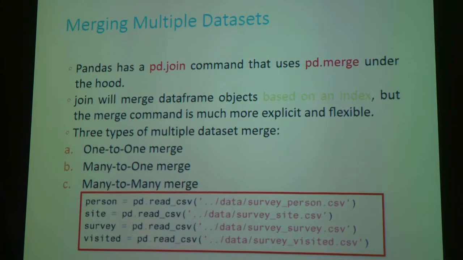And then you have the survey, and again it has multiple records, and it has 1, 2, 3, 4 columns. And we look at the visited, it has like 3 columns and like 8 records. Now, if we need to merge, yes.